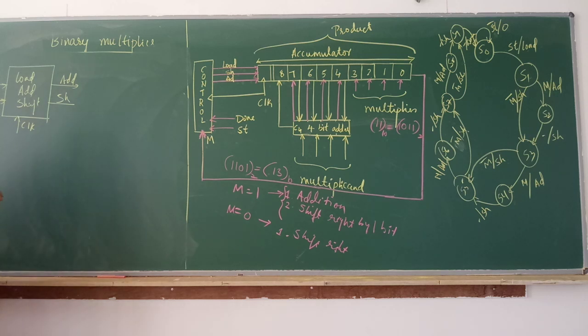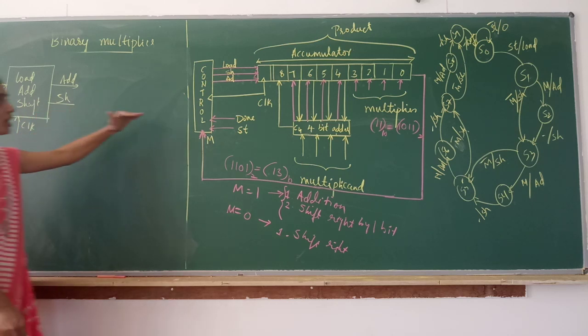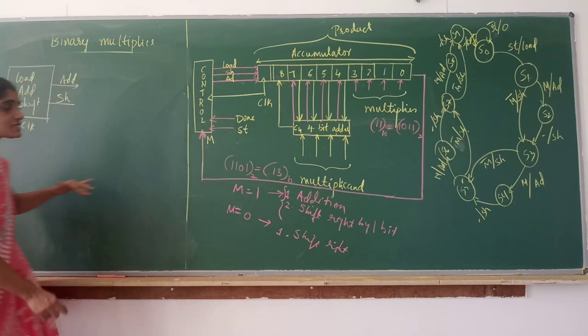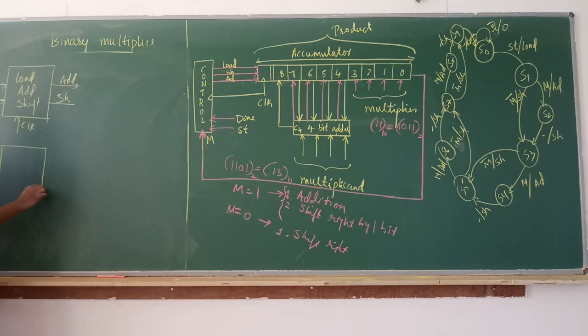Now, as I said, the multiplication process should terminate after it reaches 4 shifts. So, if it is of n bits, in addition to this, the control block is divided into one more block, that is the counter. The same clock is given as input to the counter also.